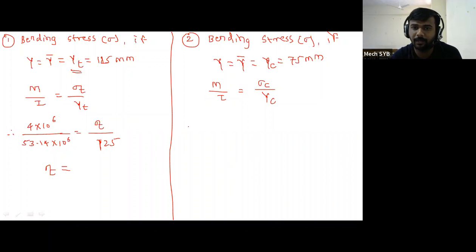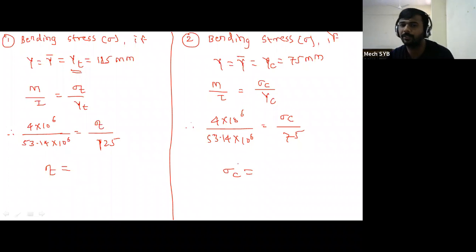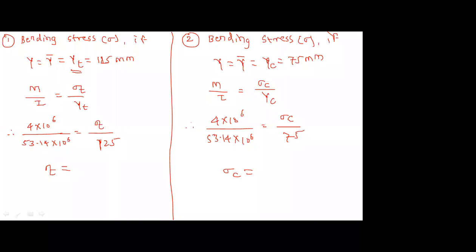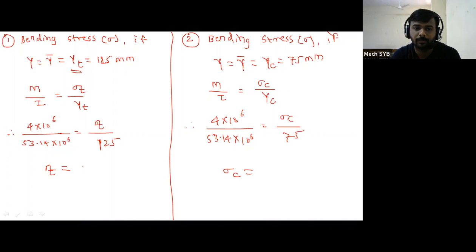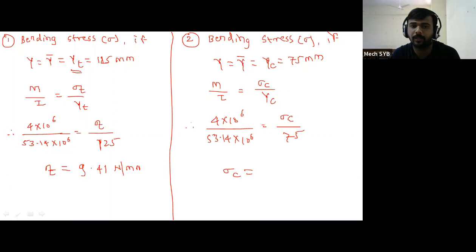So M will be common, I will be common. 4 into 10 raised to 6 divided by 53.14 into 10 raised to 6 is equal to sigma c divided by 75. So what will be the yt value and what will be the yc value? What will be the sigma t? 9.41 Newton per mm square. I will check. 9.41, correct. Newton per mm square.